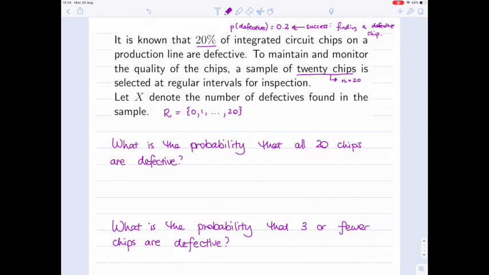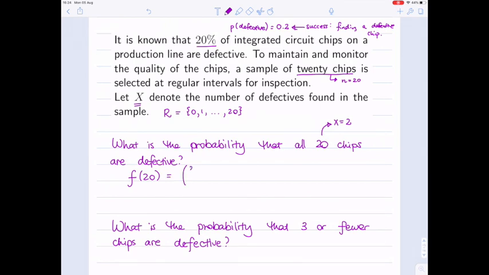So here we're letting x be 20, and we want the probability that 20 chips are defective. And since this is a case where we're measuring success or failure for 20 things, we're going to use our binomial distribution.